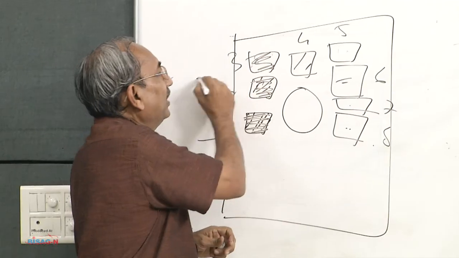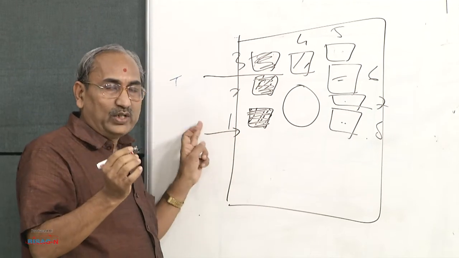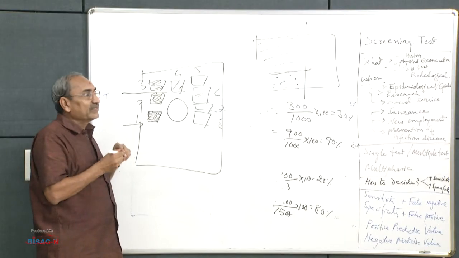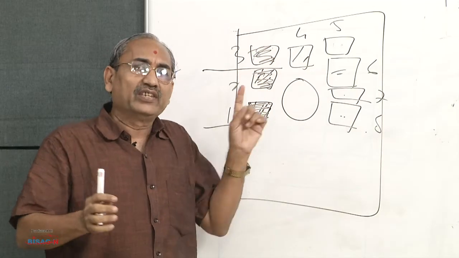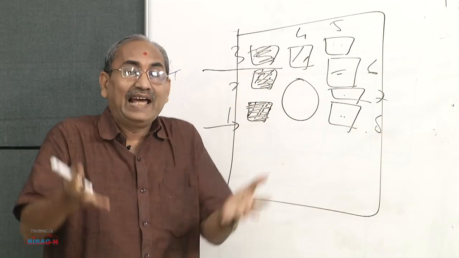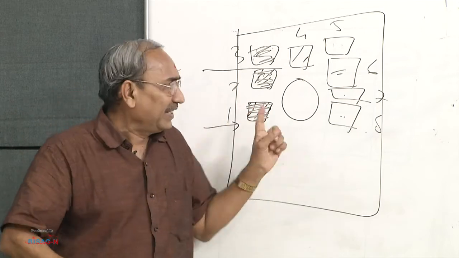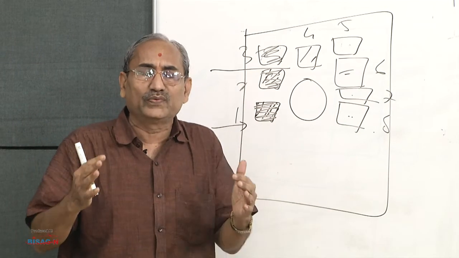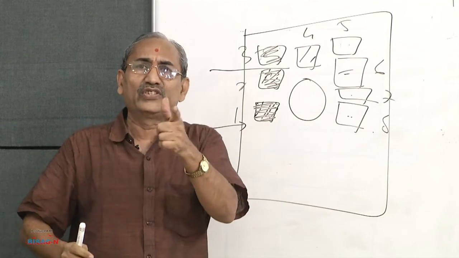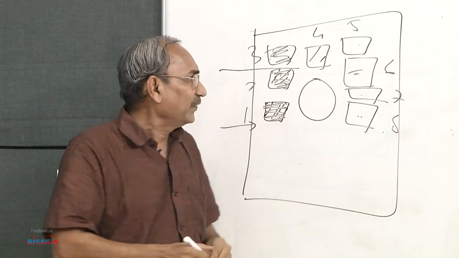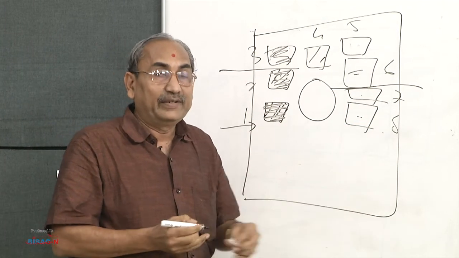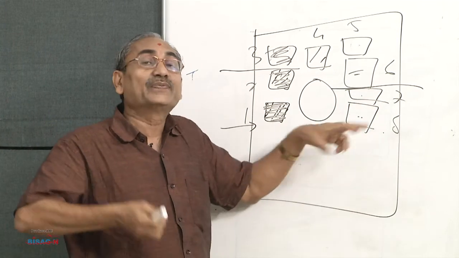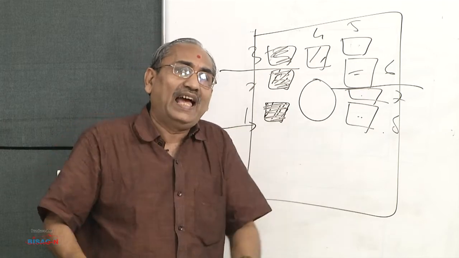When you use this cutoff, the test becomes highly sensitive. Most of the population having anemia, this test will be able to detect. Now, with the same test, same tool, if you want high specificity, simply change your cutoff line. Tell them that if you are at 7 or 8, you are having anemia. That means the test becomes highly specific just by changing the cutoff line.